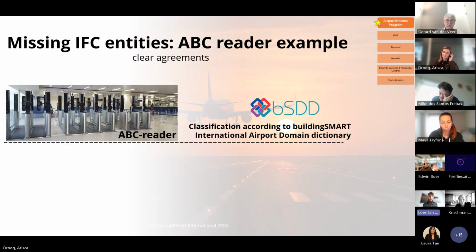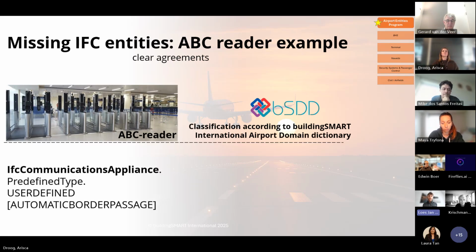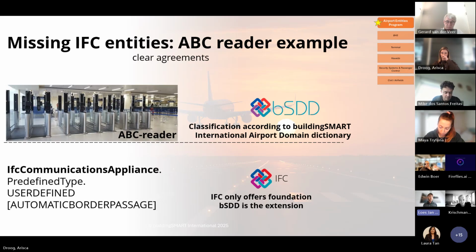So we gave it a name. We gave it the name in our classification according to the buildingSMART International Airport Domain Dictionary, the dictionary that we host on the bSDD, and we mapped it into the IFC schema. We mapped it into the class IFC Communications Appliance with a user-defined type automatic border passage.